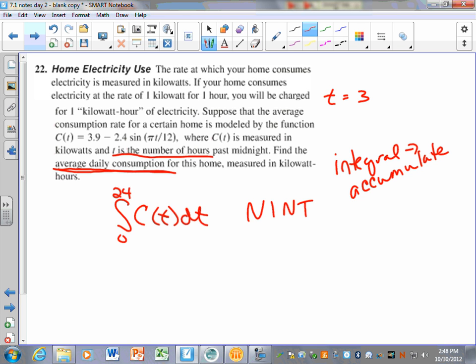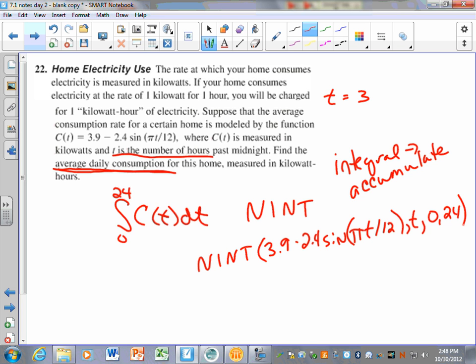So on my calculator, remember I'm just going to hit that button, and I'm going to type that equation in. And then I have to put comma t, comma 0, comma 24. And that's going to add that up for me without having to add it all up myself.